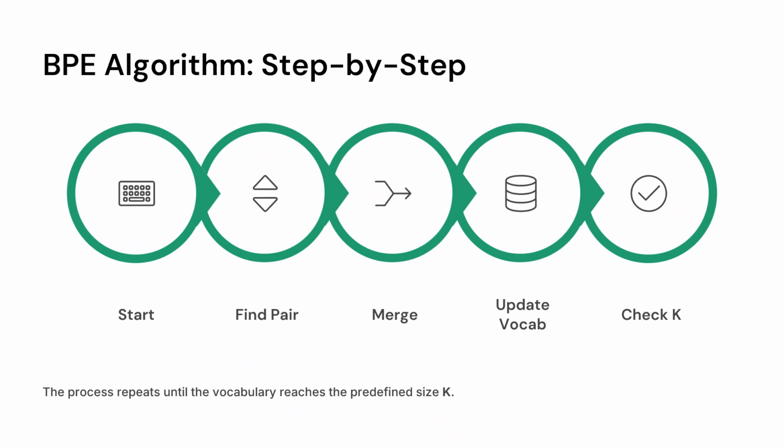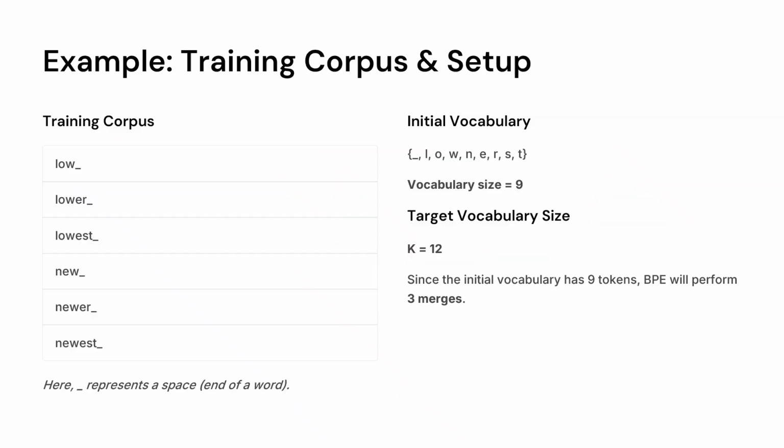This results in the addition of a new element to the vocabulary, so the vocabulary gets updated, and the number of elements in the vocabulary, that is k, increases. If k reaches our predefined final size, then we stop the algorithm, and if not, then we continue going on and on. So let's see how this works with the help of a simple example.